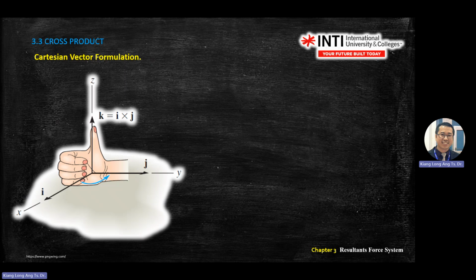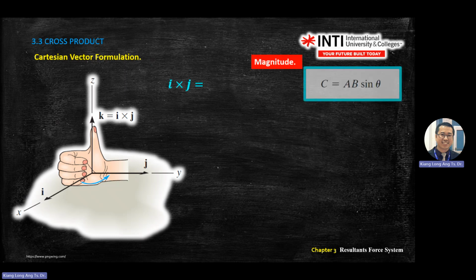So k equal to i cross j. This is what you learn in vector, right? So i cross j will equal AB sine theta. Just remember before, C equal to A cross B equal to AB sine theta.